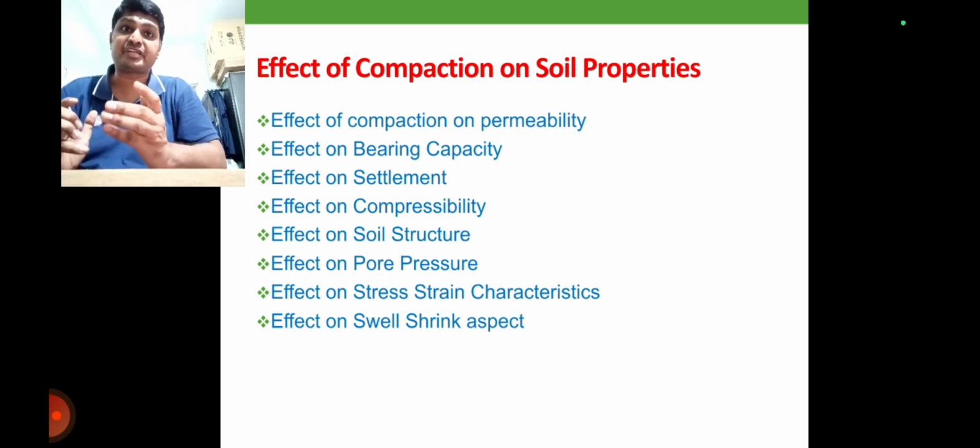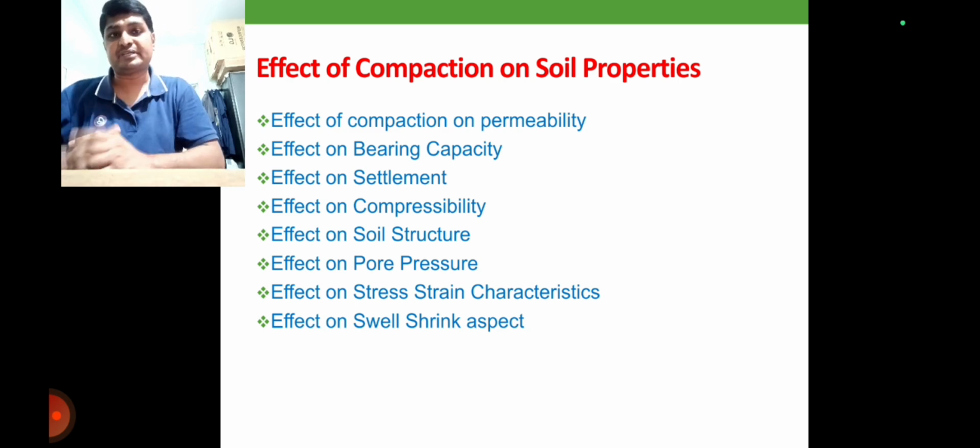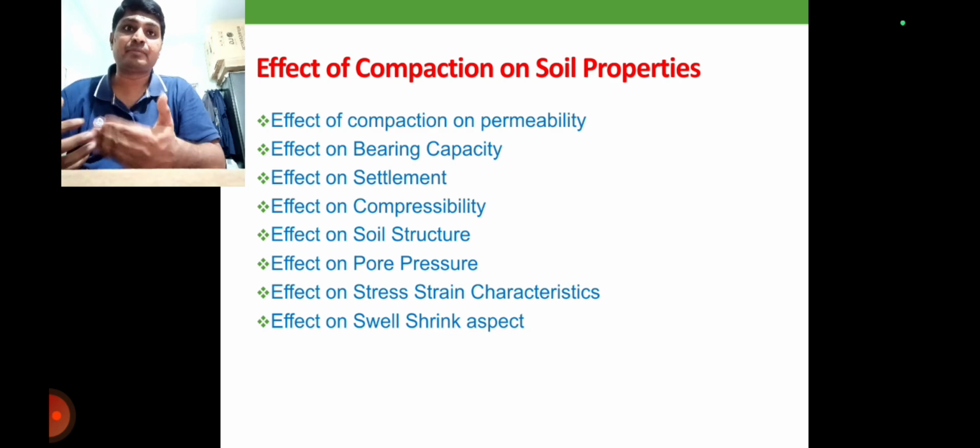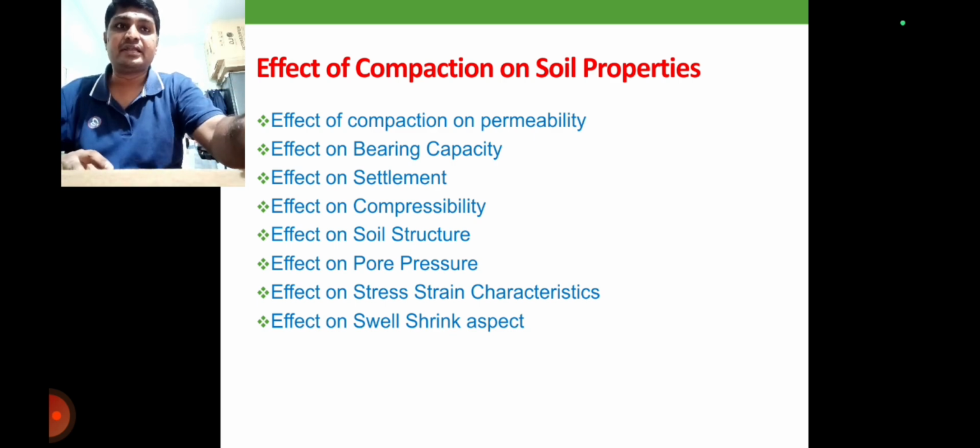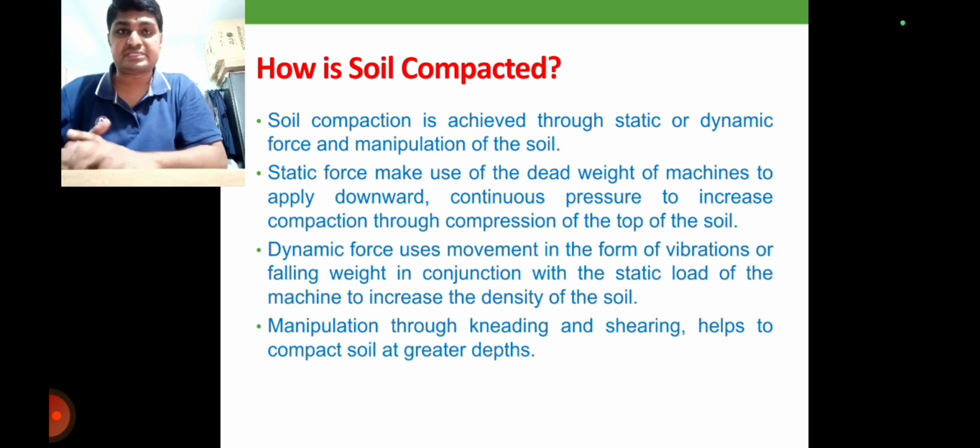It also affects soil structure and texture, pore water pressure, the stress-strain characteristics of the soil, and finally the swell-shrink aspects. In this way, a number of effects may happen due to compaction, affecting soil properties. How is the soil compacted?